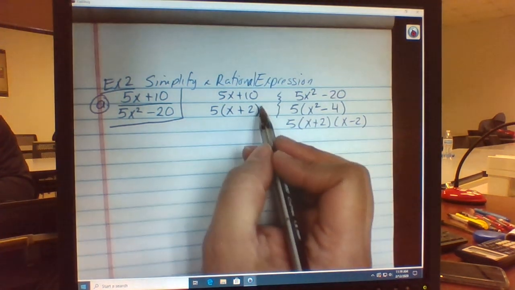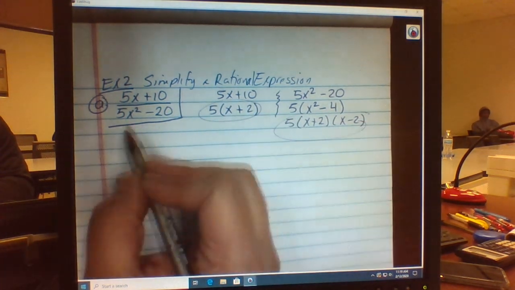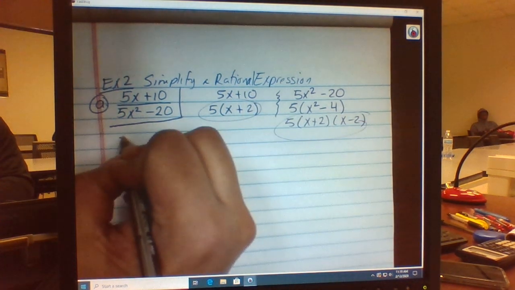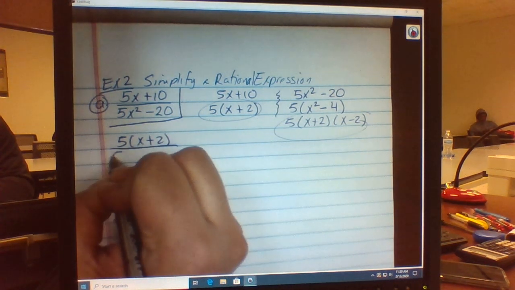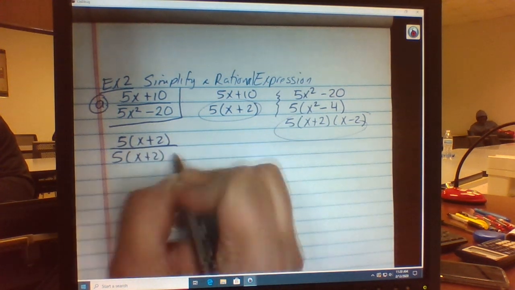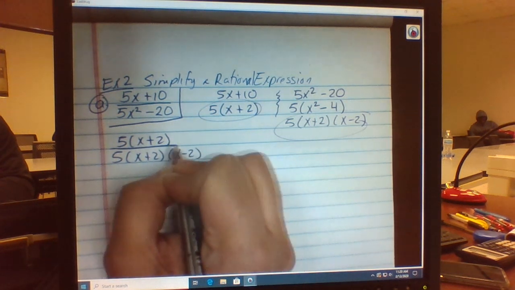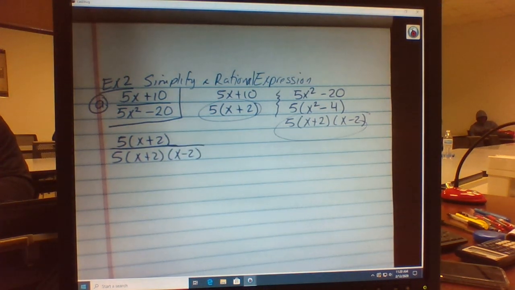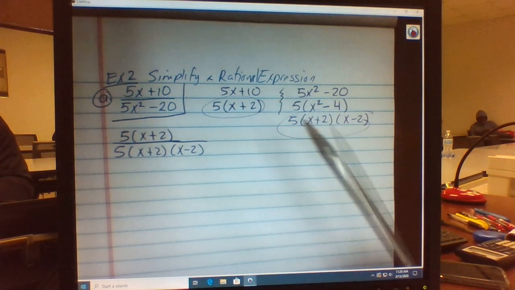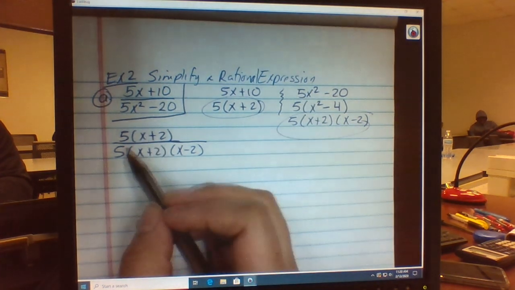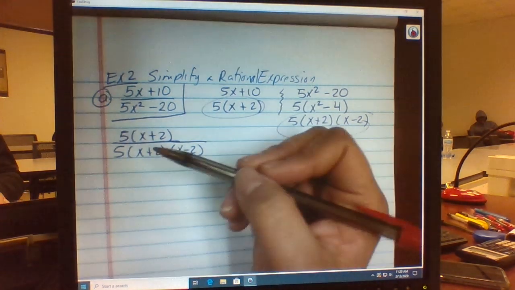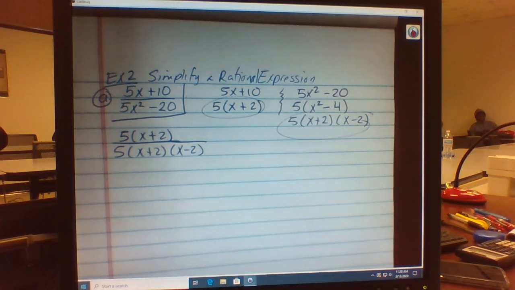So now that I have this and this, I'm going to rewrite it as a fraction. So I have 5 times (x plus 2) on top, and 5 times (x plus 2) times (x minus 2) on the bottom. Once you have factored the top and bottom, the problems do get bigger as we go. You see whatever's in common on top and the bottom, and you get to eliminate them.